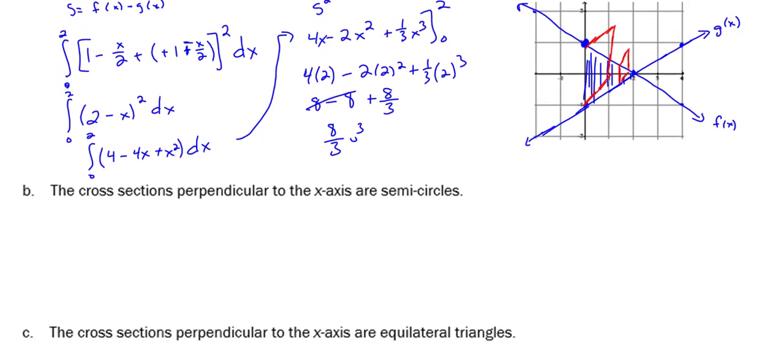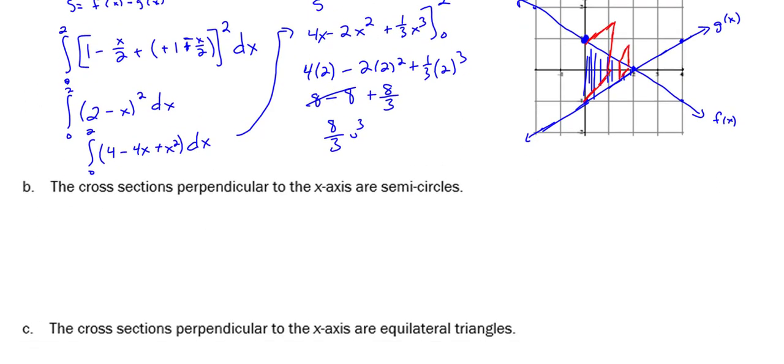Okay, now let's look at if the cross sections were semicircles. Okay, so what's the area for a semicircle? 1/2 pi r squared. That would be our A of x, right? The problem is, in this formula for area of a semicircle, we have radius, and they're going to give us the diameter, right?